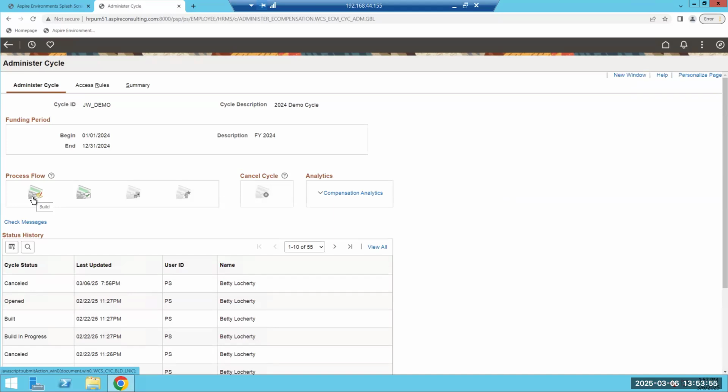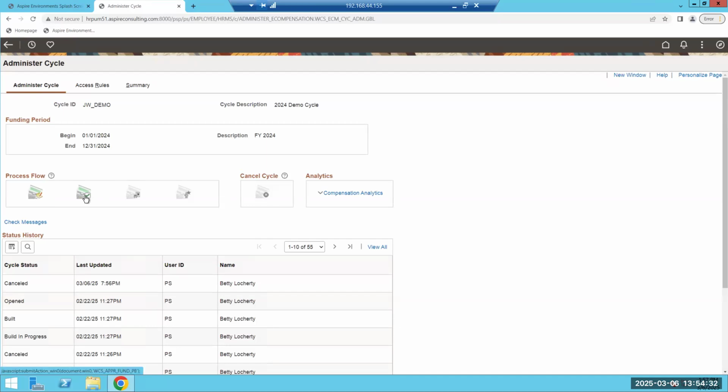So it goes out and gathers up the ratings, looks at job data, pulls in that merit matrix, and looks at our tree and all of the pieces that we've talked about, and populates the cycle tables. So basically, it's doing the lion's share of the work in pulling all the data together and giving us that snapshot in our comp cycle tables that we then utilize to do our planning.